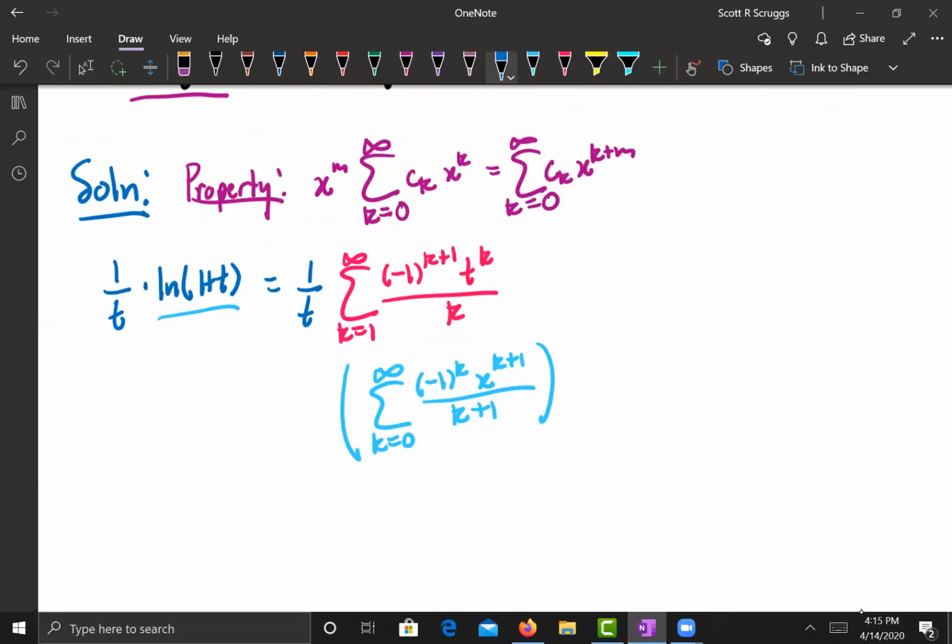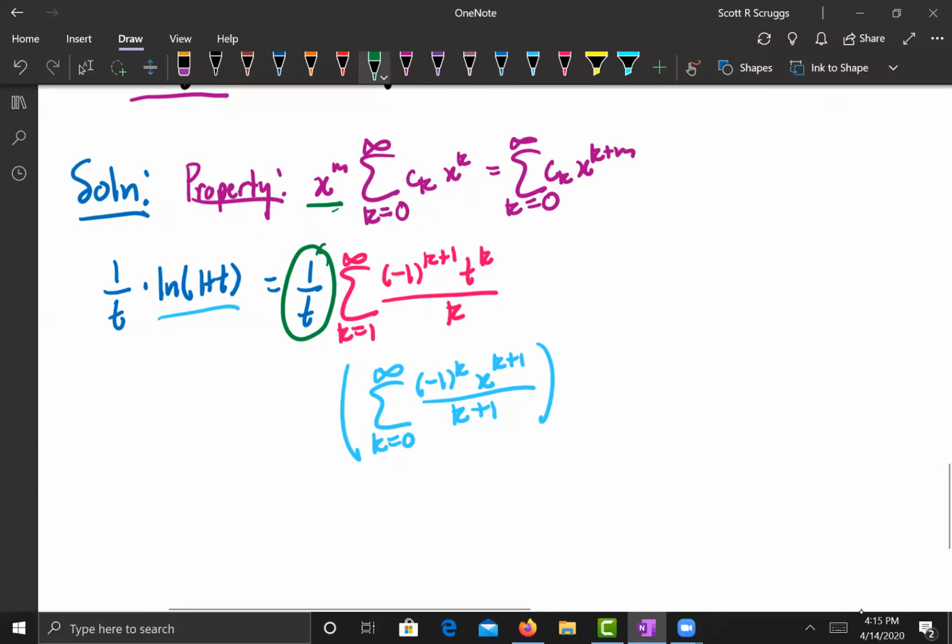Now that I have 1 over t, I can use this property of power series that says I can move the x raised by a power from outside the power series to inside the power series.